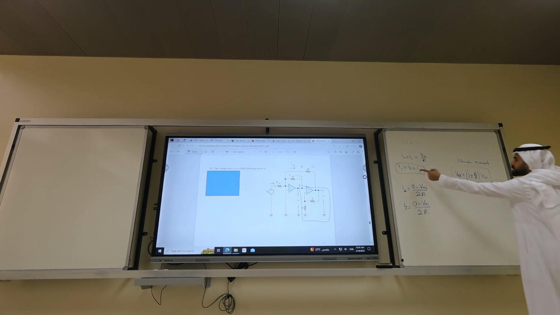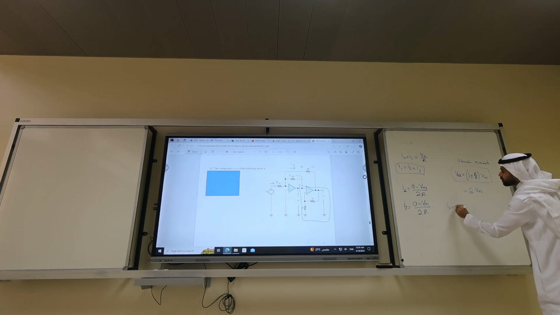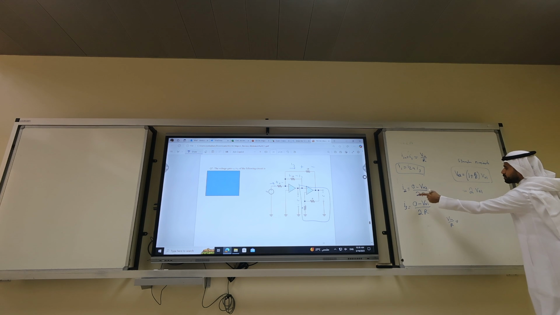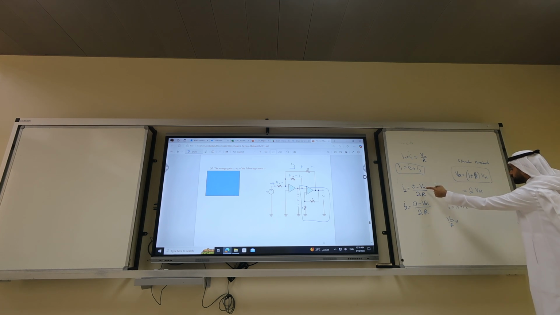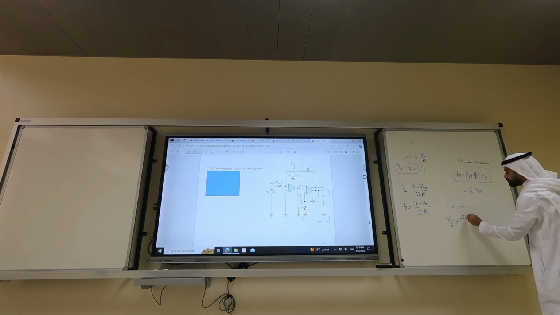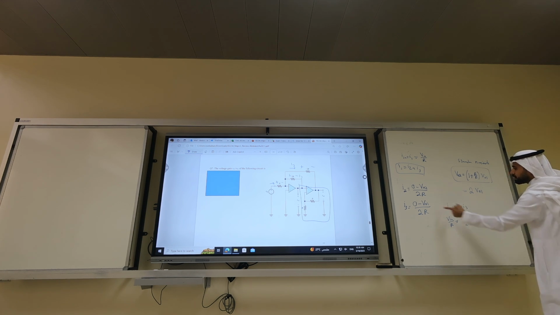So now I can use this equation. I1 equals I2 plus I3 equals V input over R equals, what is I2? Minus VO2, which is minus 2 VO1 over 2R plus I3, which is minus VO1 over 2R.